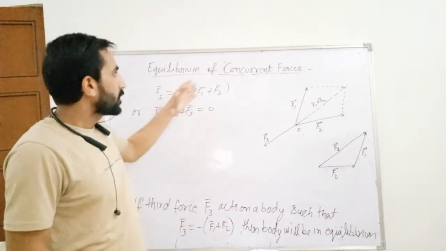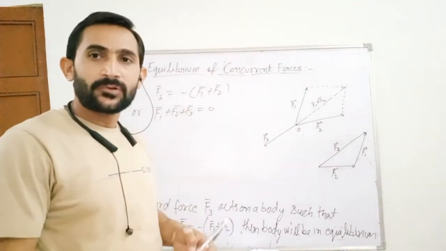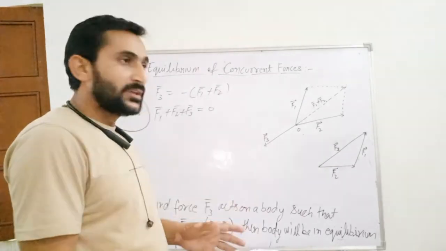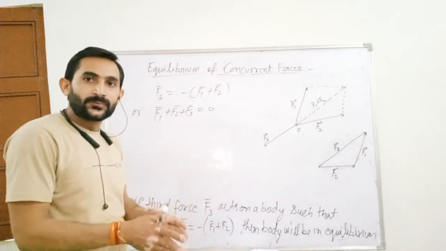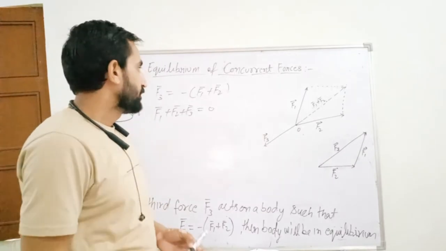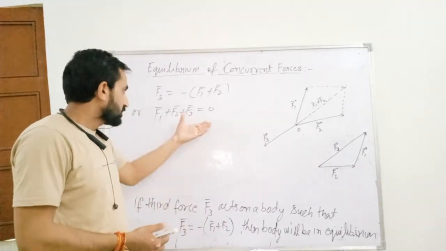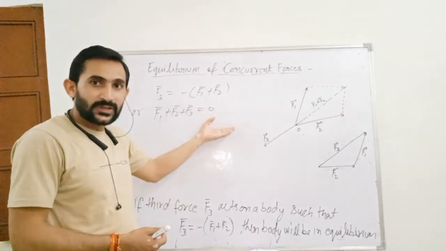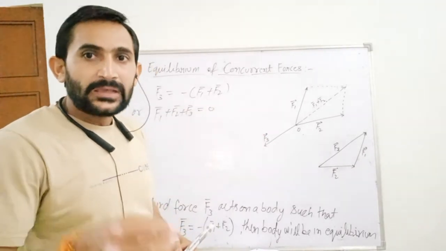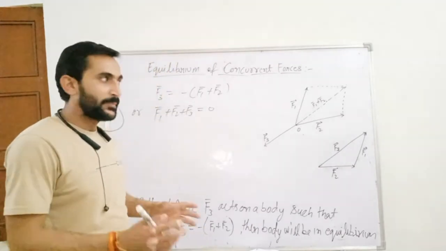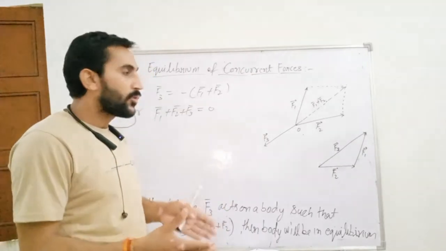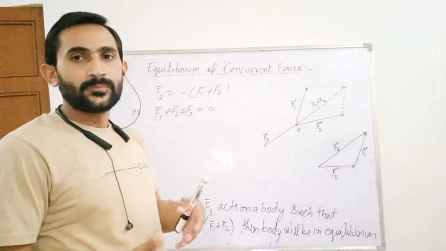In case of concurrent forces, when a number of forces are applying on the same body at a time, then the vector sum of forces will be equal to 0. If the vector sum of these forces is equal to 0, then the body is said to be in equilibrium. It means the body is either in a state of rest or moving with a uniform velocity.